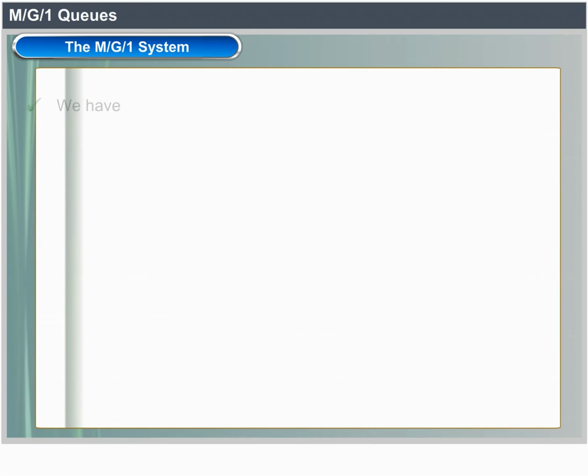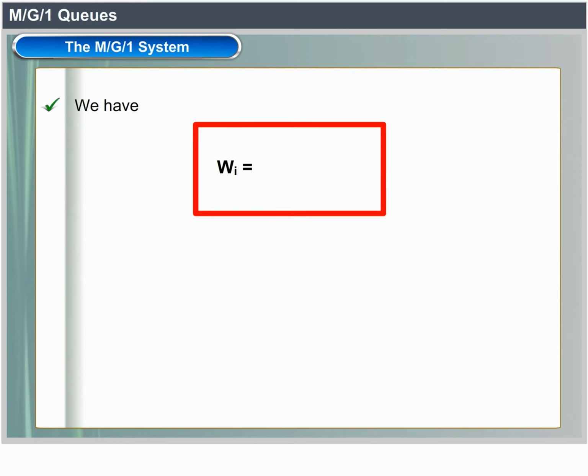We have Wi is equal to Ri plus the summation j equals i minus Ni to i minus 1 of Xj.